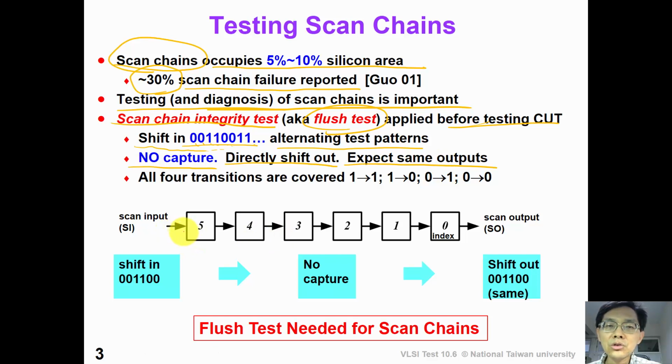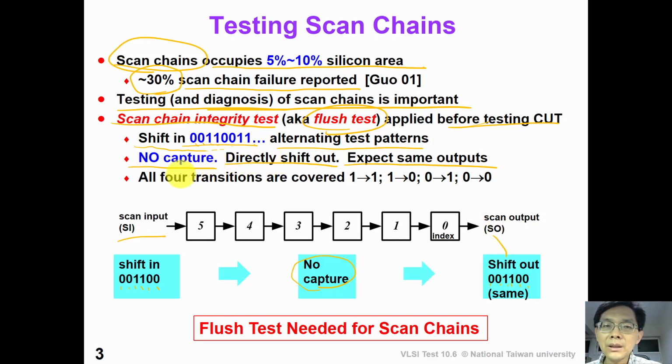In this short scan chain, which has 6 scan cells, starting from the scan input pin, we shift in 6 bits 001100, and we don't perform any capture. Ideally, if there is no mistake, we would expect the same 001100 at the scan output.